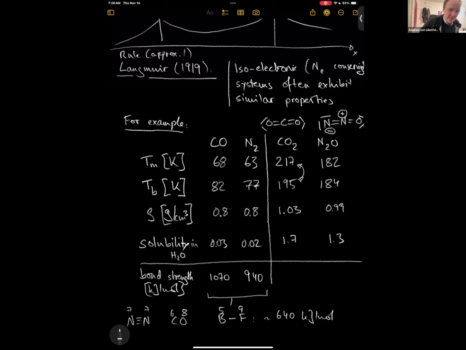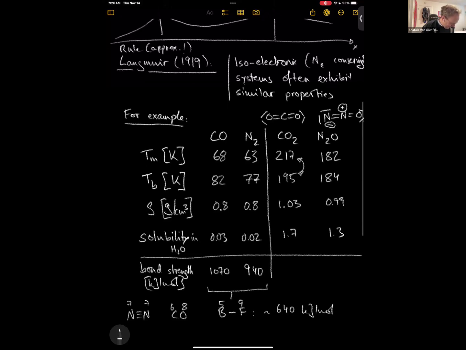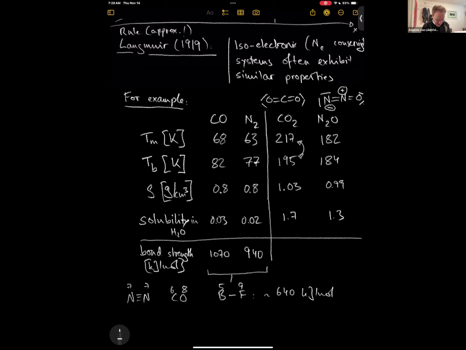So it's quite common in the chemical sciences that we have qualitative rules of thumb, and you should not expect them to hold rigorously. So the explanation as to why BF might break that rule is that the nature of that covalent bond is quite different.